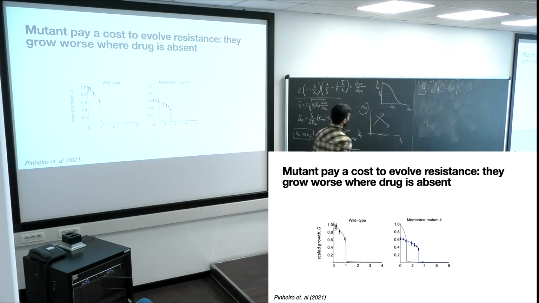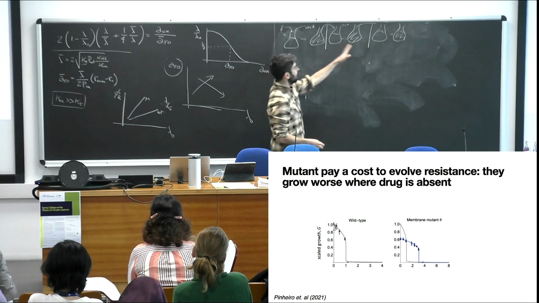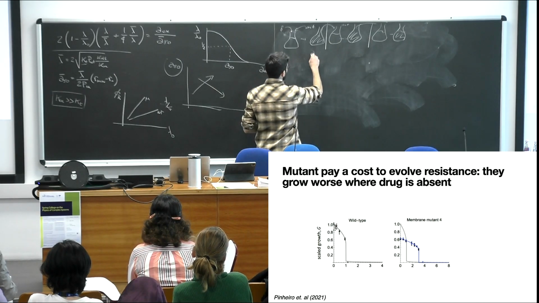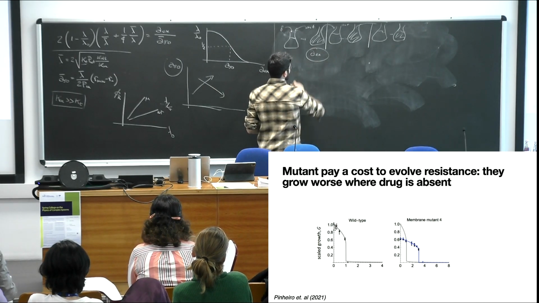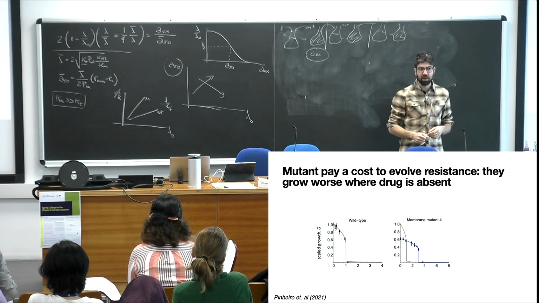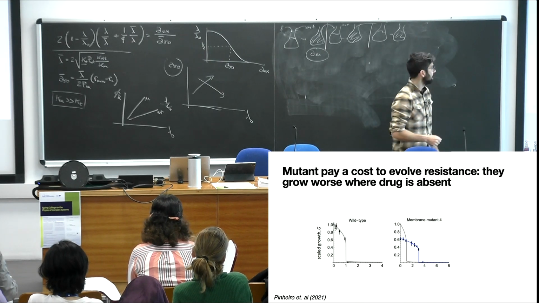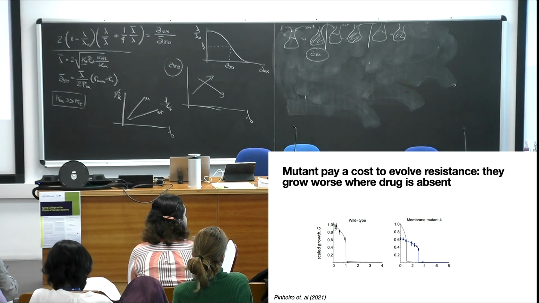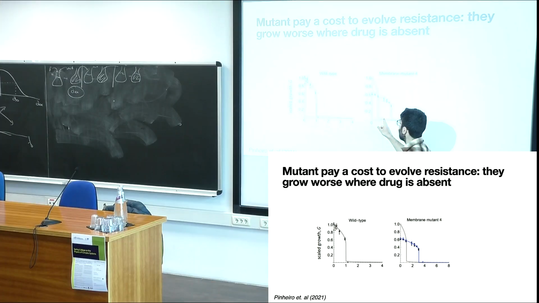And then you take one of these mutants, okay? And let's say that one of these mutants was evolved in a condition where there was some level of antibiotics. Okay? So let's say that the level of antibiotics was, I don't know, somewhere here. Here we are comparing the curve for the wild type with the curve for the mutant.